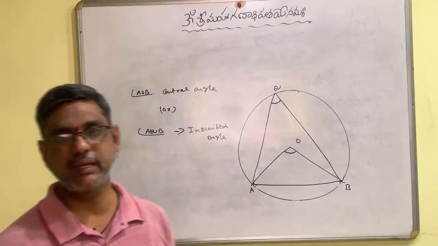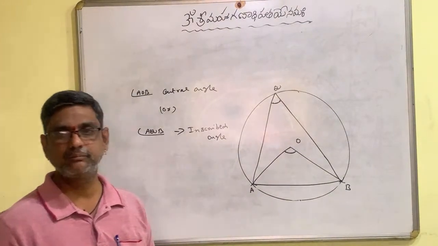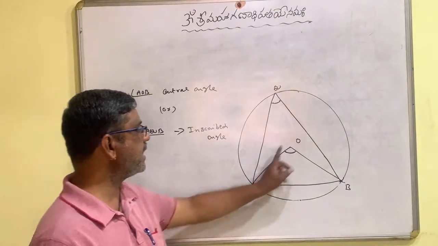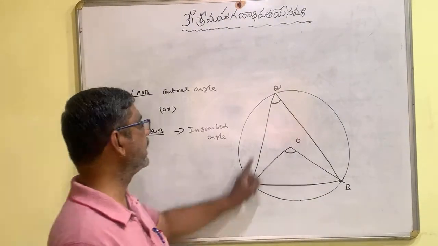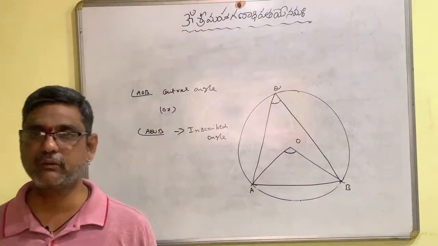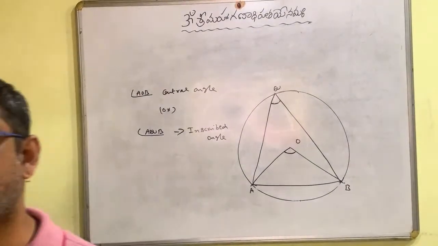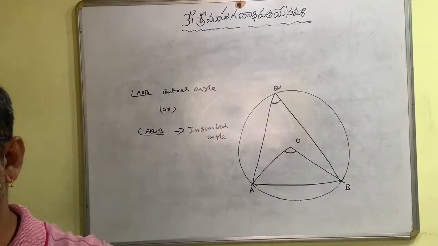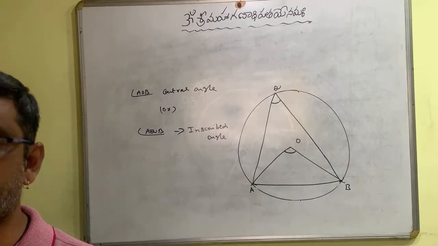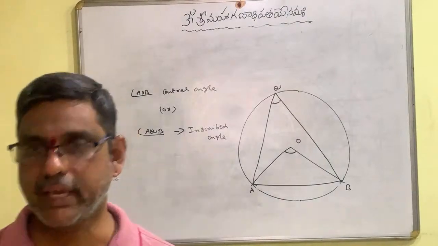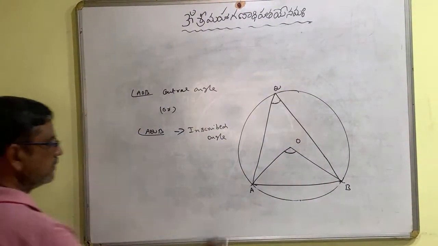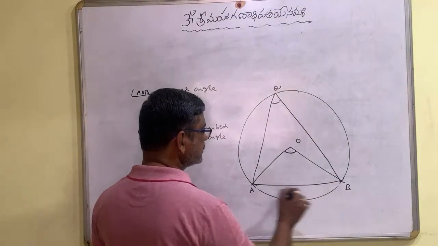Okay? If you observe here, both the angles, angle AOB and angle AQB, are in the same segment. They are in the major segment. AB is a chord.